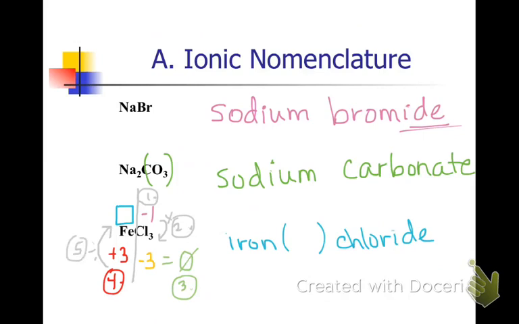Step number 5, you divide the number below your cation by the subscript of the cation. Divide the number below the cation by the subscript of the cation.